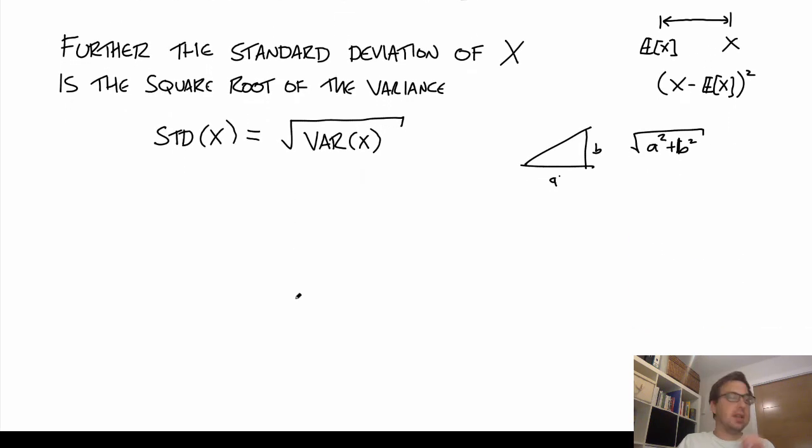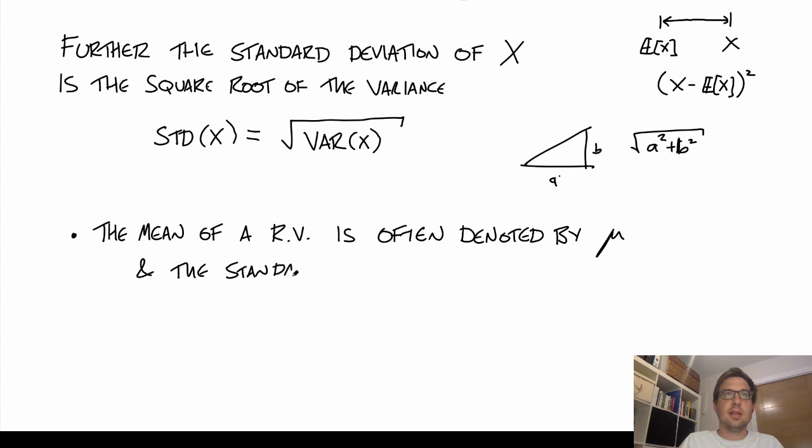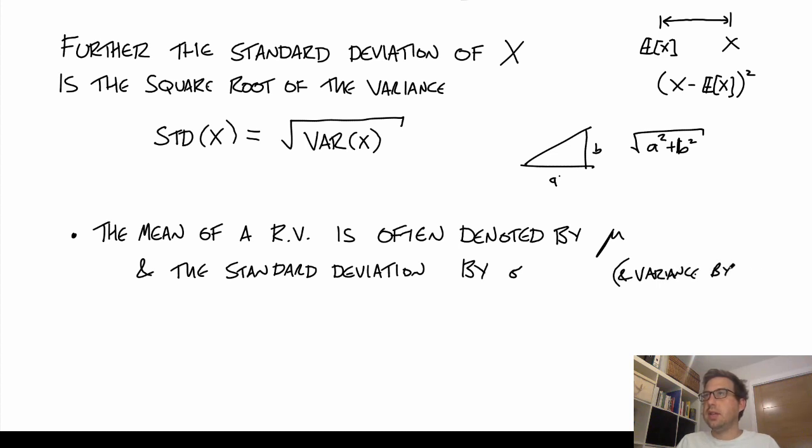One thing to add, it's really a notational thing, is that the mean of a random variable is often, it doesn't have to be, denoted by mu and the standard deviation by sigma, and thus the variance by sigma squared.